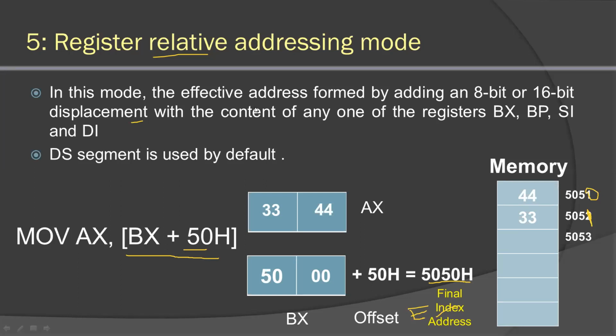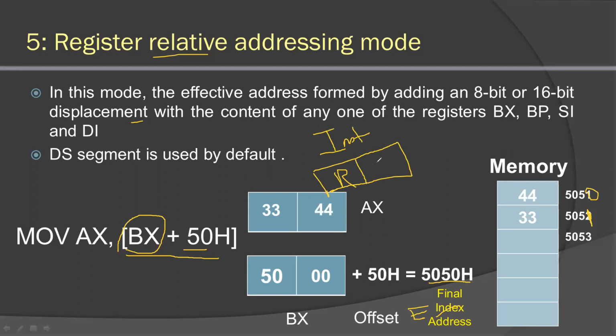Clear? Means in this case, instruction is containing two things. One is register name. In this example, register name is BX. Another one is some displacement value.